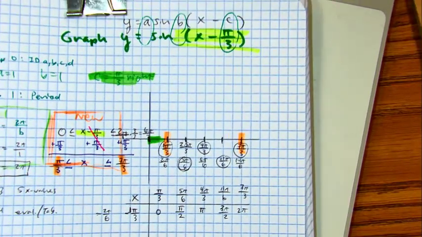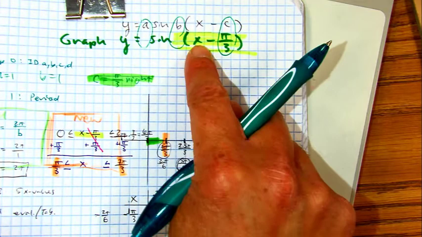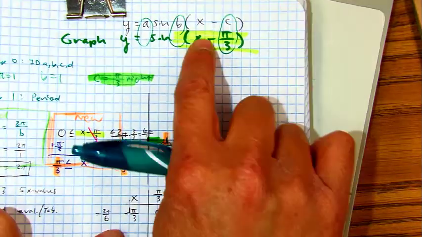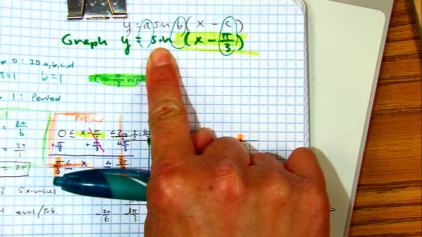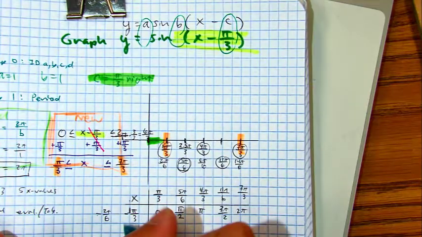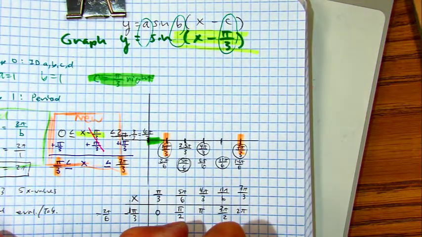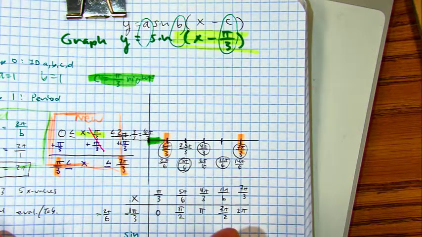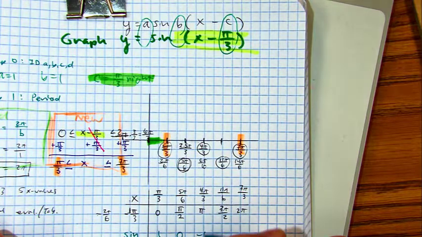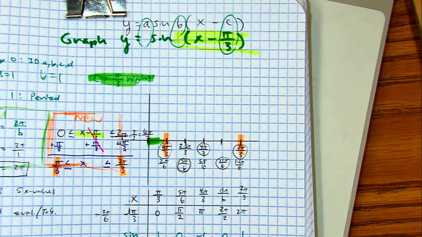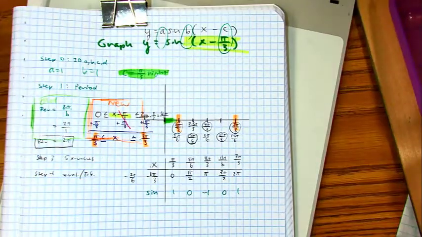Okay. We wrote down our x values. We subtracted pi over 3. Now what do we do? In the Star Wars saga, there were many traps. Don't say anything.